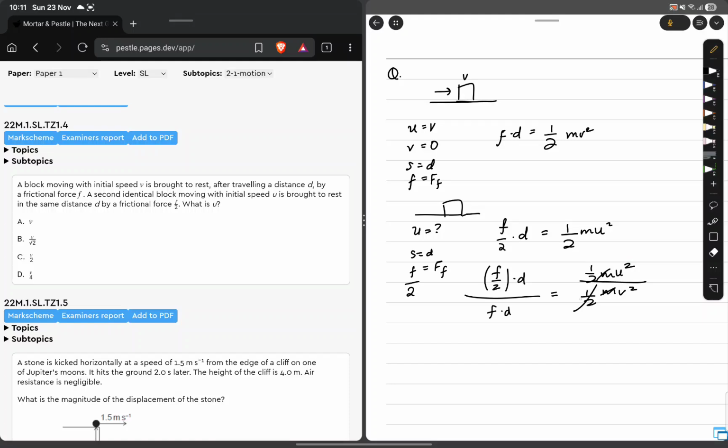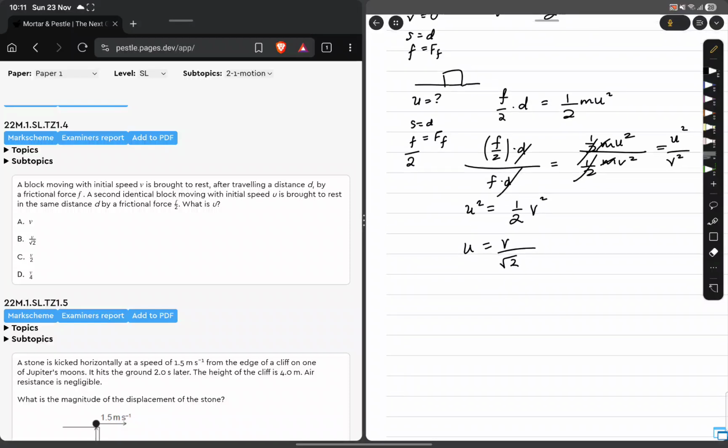M's cancel out, halves cancel out, d's cancel out, and this gives u squared over v squared, and we're simplifying it, and then we will get that u squared is half of v squared, which means that u is v over root 2. So this matches with option number B.